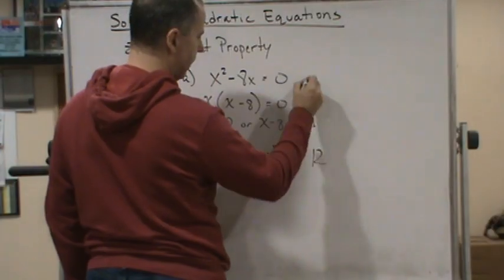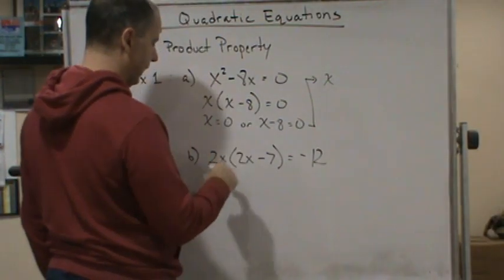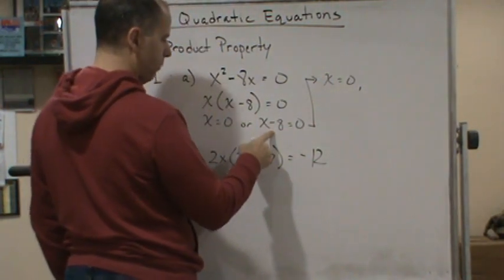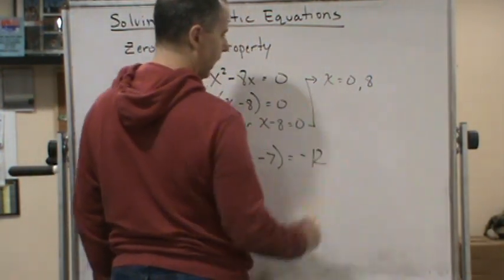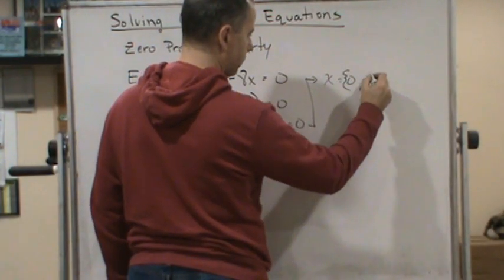And so what that gives us is our solution set: x equals 0 and x equals 8. So that's going to be our solution.